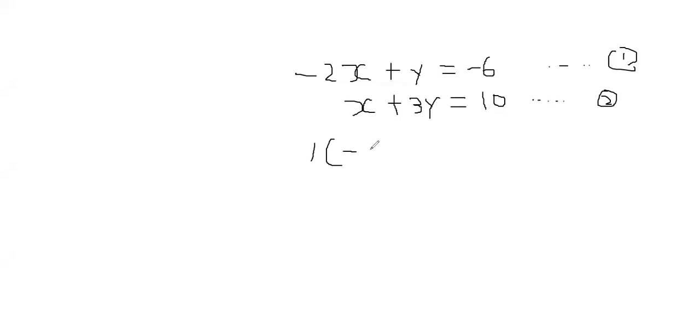So we multiply it throughout. And we take the coefficient of x in equation 1, this here, -2, and we multiply it throughout equation 2.